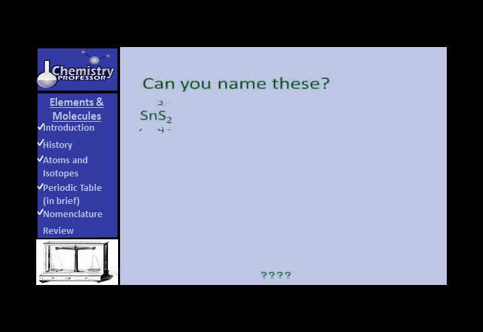Tin, then, must be 4 positives. There's only one tin, so by itself, then, it has to be a 4 positive. And if you've learned your chart of oxidation numbers, or if you look on it, you will see that tin with 4 positives, or a +4 charge, is the stannic ion. So this is stannic.